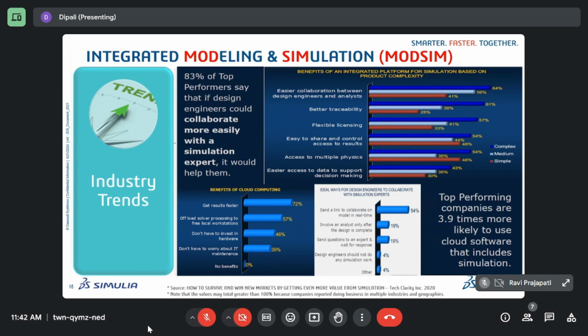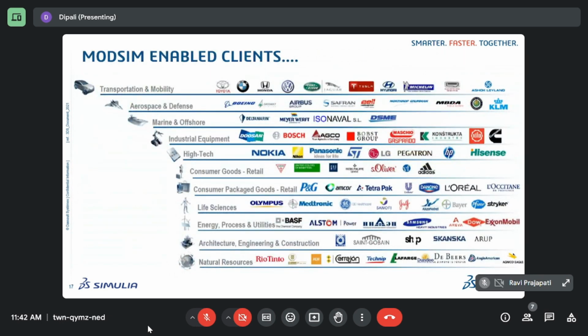These are some of our clients that extensively use such technology. Recently, I got the message about Mahindra and Mahindra in India. They are adopting our 3D Experience platform for developing various advanced models of their cars.